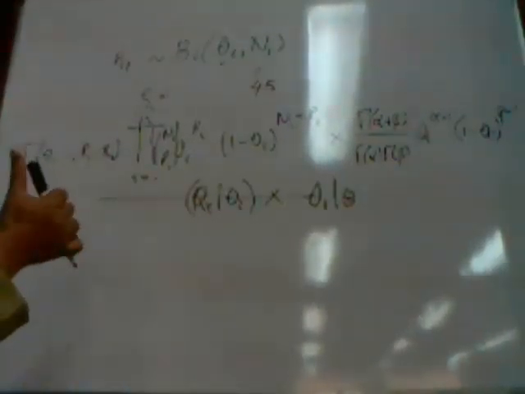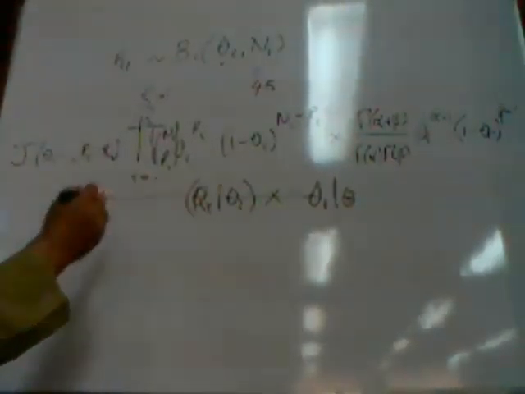Now, in the standard empirical Bayes methodology, we want to convert this into the posterior density, and that's trivial. That's the important thing about the Bayesian methodology.